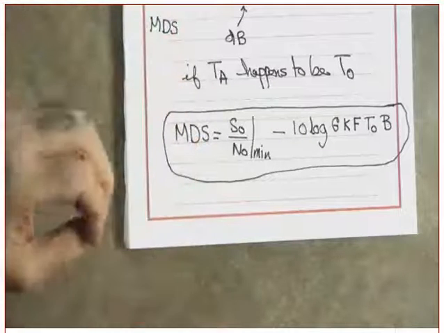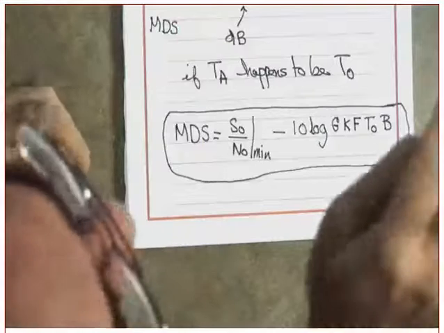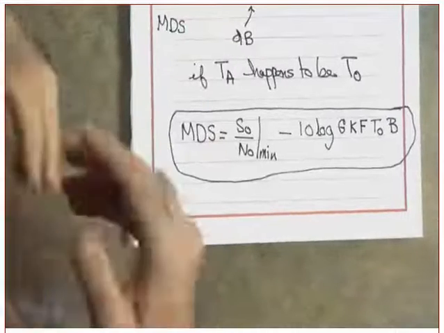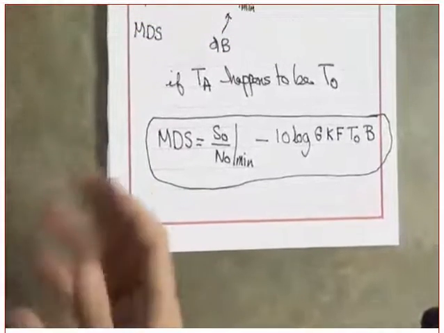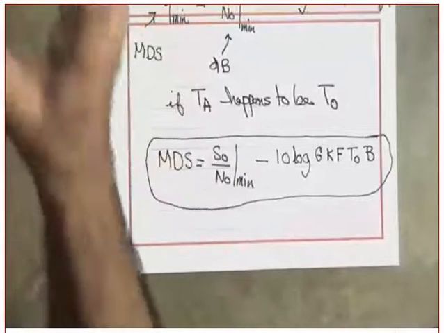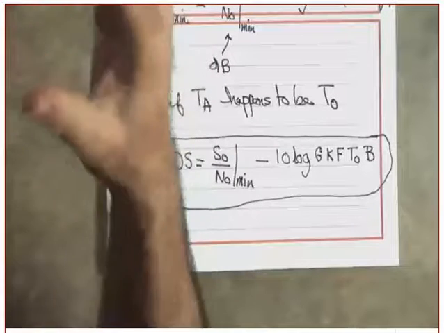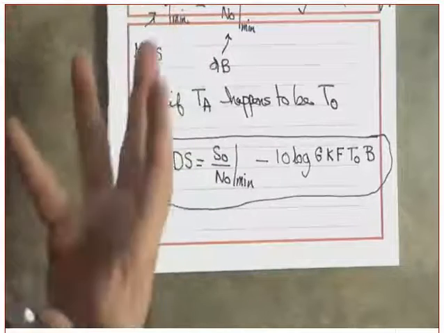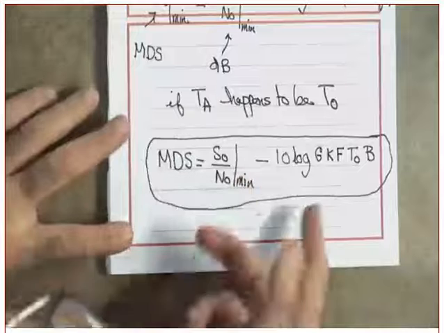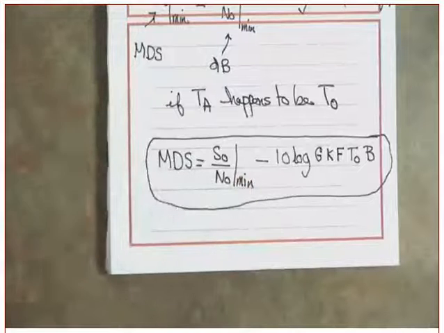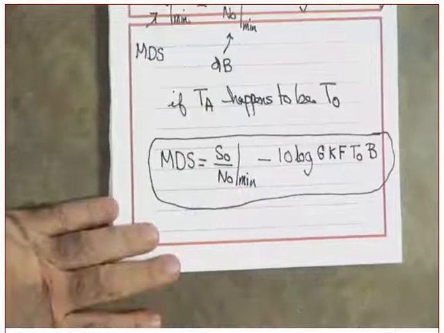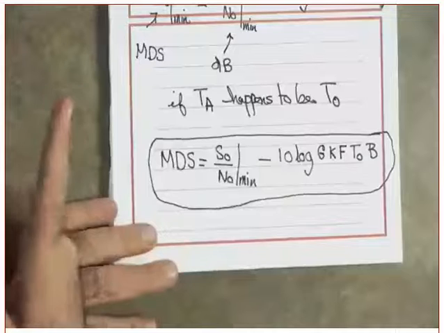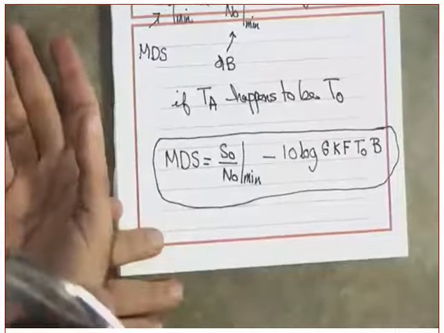But from the link budget, you are not going to get the bit error rate. You are going to get the bit error rate from either an equation, a cookbook equation, or simulation. Did you understand what I just said? No. But this one is the one that will bridge the two analyses together. Why? Because it has the signal to noise ratio in here, and the bit error rate depends on the signal to noise ratio. Did you get my point or not?